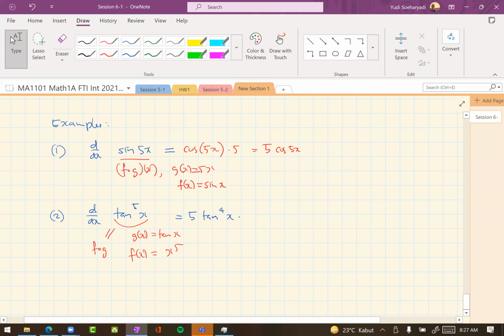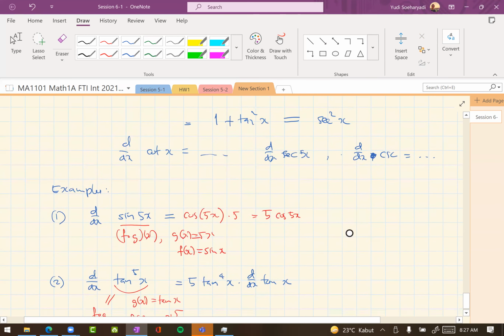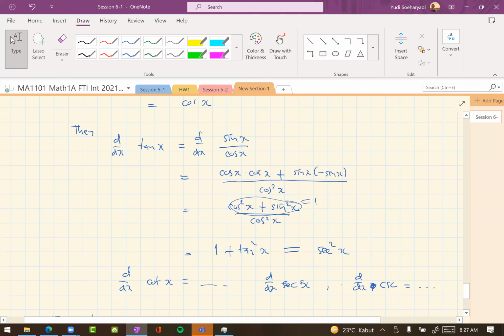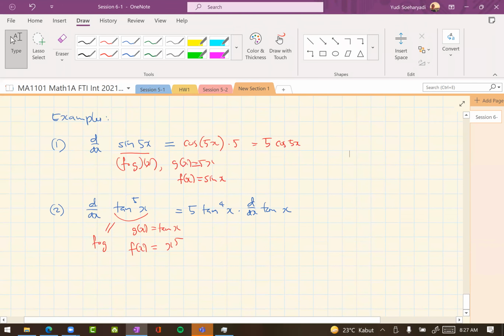Derivative of tangent is, yes. So we computed derivative of tangent is secant square. Then we know that this is 5 secant square x. Okay.